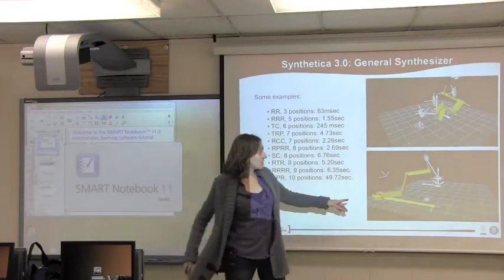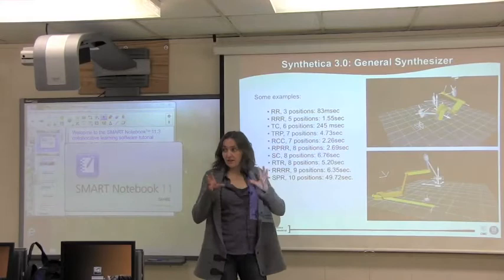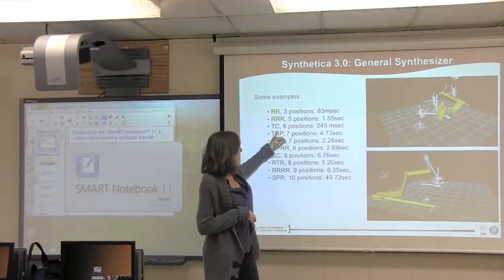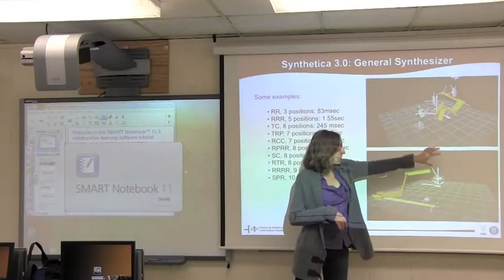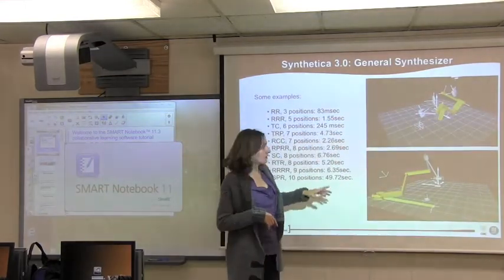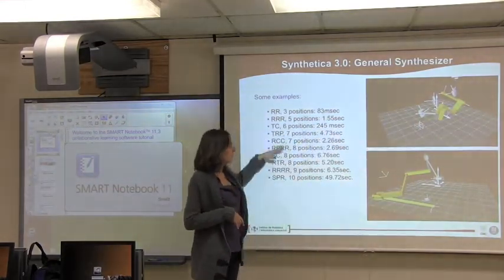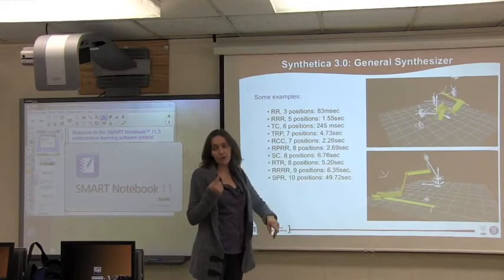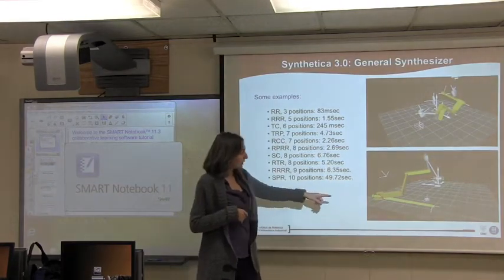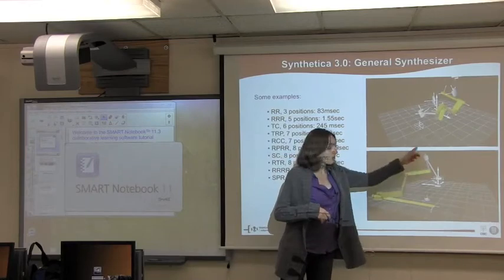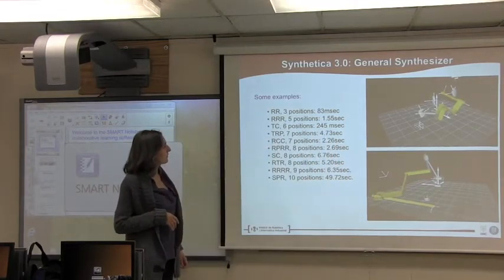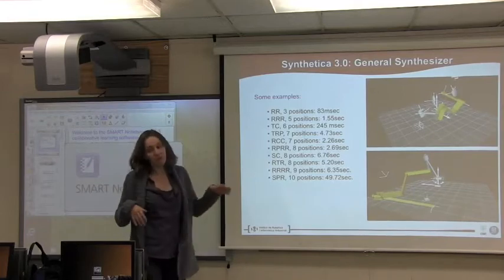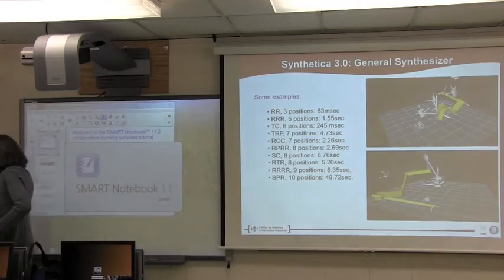But it's nice because I implemented a general synthesizer there, so you define the chain you want just with the letters. You just put your positions there, you can enter your coordinates, and they will appear there on the screen, and it will give you a robot. So it just gives one solution at a time, and then it just draws the robot. Okay, it's a nice little piece of software. You can also draw your robots and things like that.